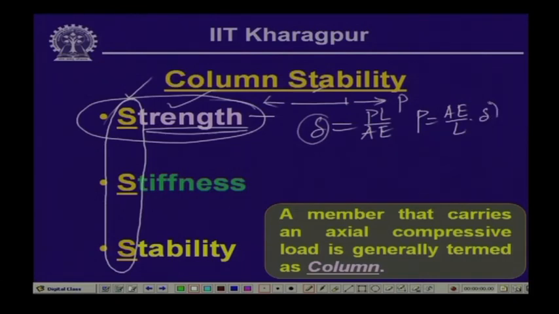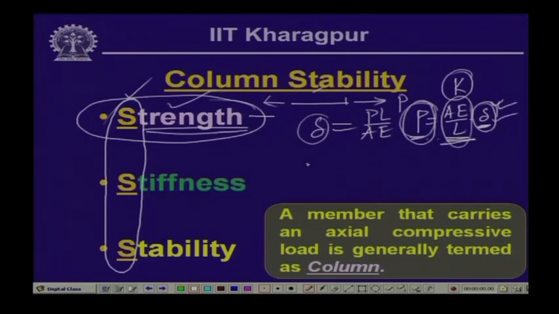If we like to have unit deformation, the load we need corresponds to this term A E by L, and this is what we call the stiffness of the element. That means this is the axial stiffness of the member, which needs this much load P to produce unit deformation delta.